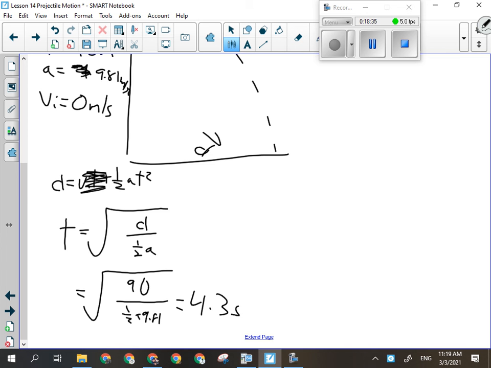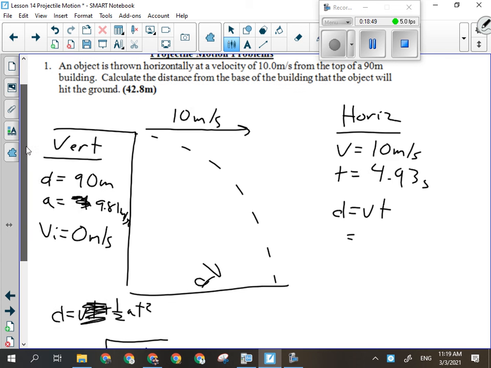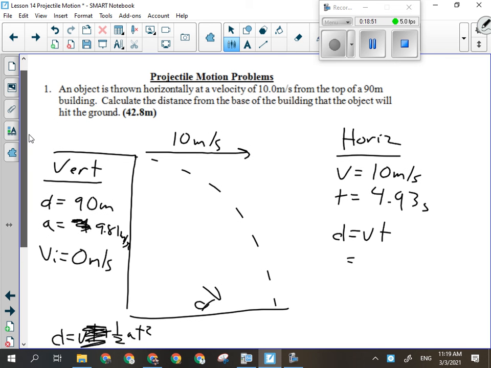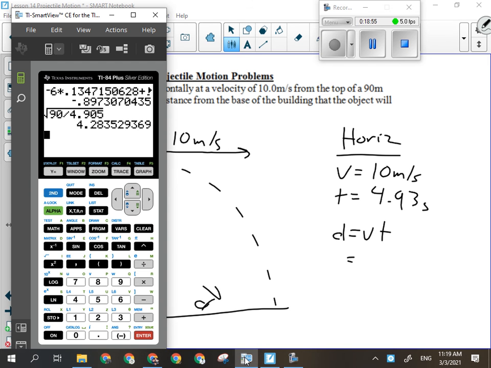Okay, now that I know that, I can bring that over here as part of my horizontal information. And now I can find the distance, V times T. I think we only have 2 significant digits here, right? Sorry, did I calculate that wrong? Oh, because I just wrote it wrong.